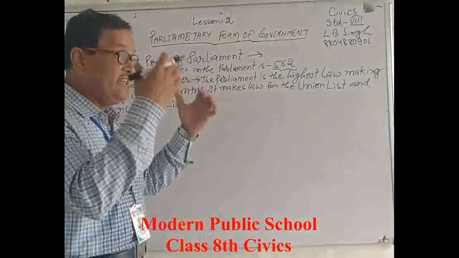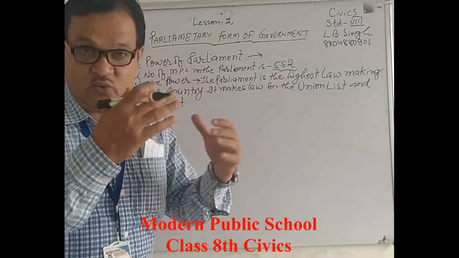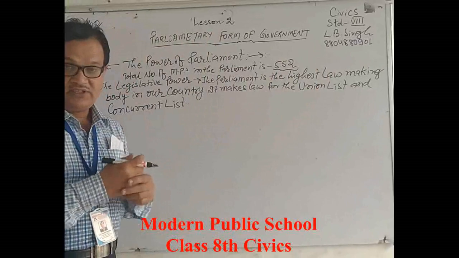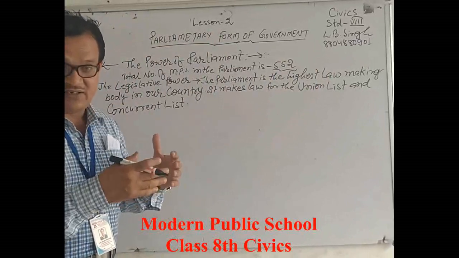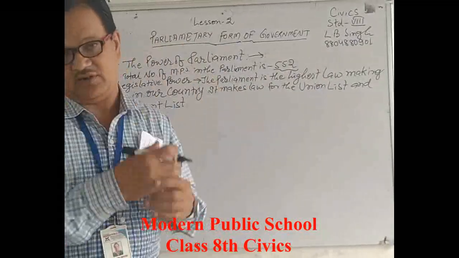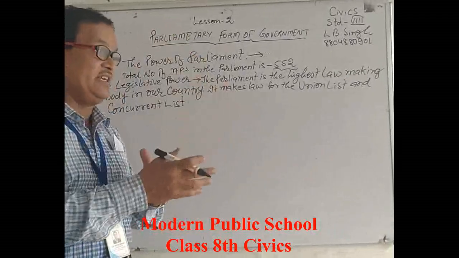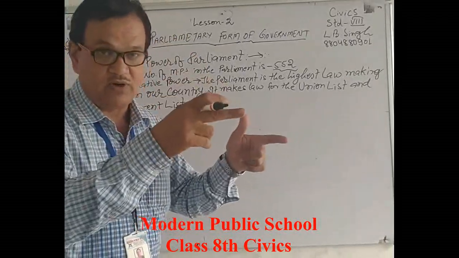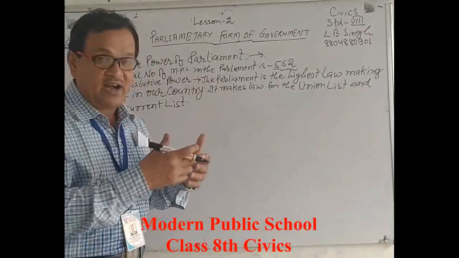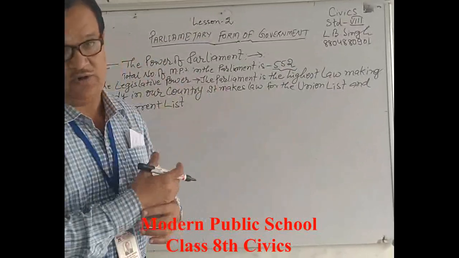Besides that, there is another problem in front of our country, which is the security of the country. Have you heard the name of China? These days China is a superpower country like America. America is thinking that I am the superpower, and China is also thinking that no, I am the superpower. Now there is a controversy between India and China regarding the LOC, line of control.